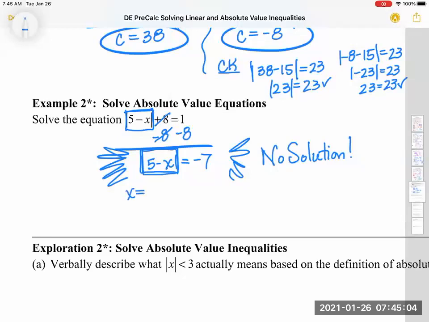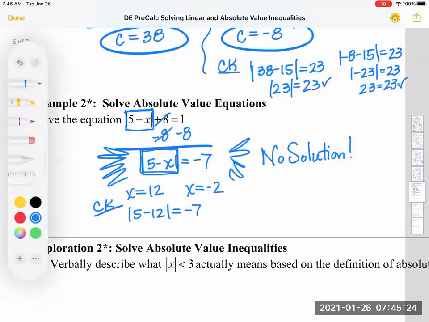And so when you solve this, you get x equals 12 and you get x equals negative 2. When you plug that back in, you're going to get the absolute value of 5 minus 12, like that. And this is why it's really important that you go back to the original equation. Oh, I'm sorry. I totally didn't go back to the original equation, did I? Go back to the original equation.